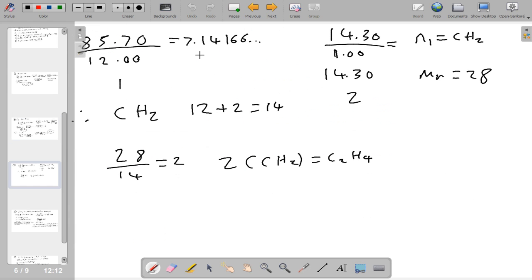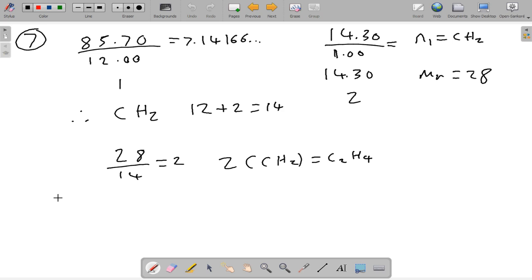And you get 85.7 over 12, which gives us 7.1466 moles. Put your units there. And we get 14.3 over 1 is 14.3 moles. So we have a 1 to 2 ratio.